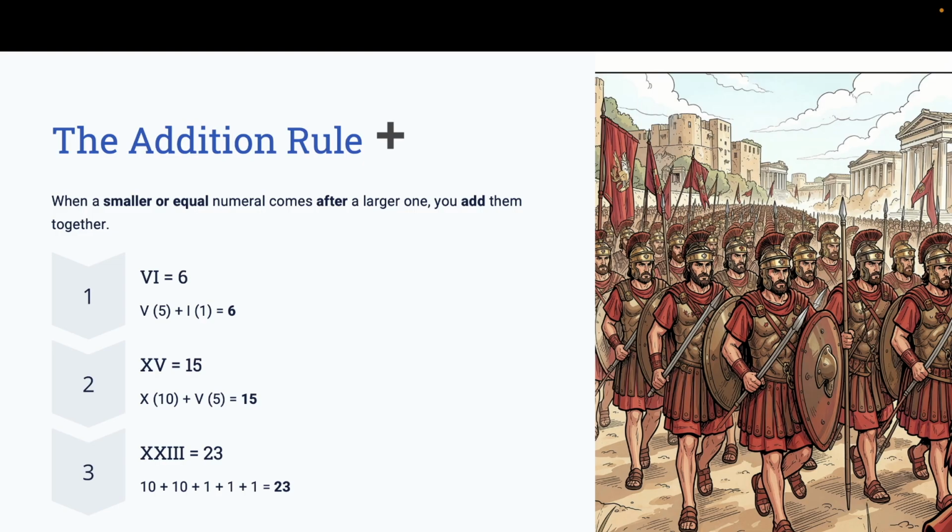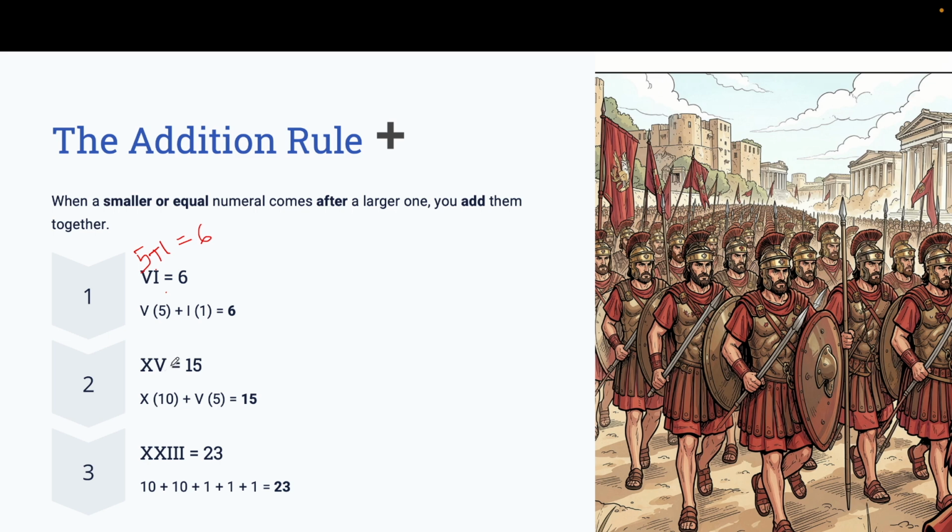Now the addition rule. When a smaller or equal numeral comes after a larger one, you add them together. Suppose V and I. V is 5 and I is 1. Then add both, it becomes 6.